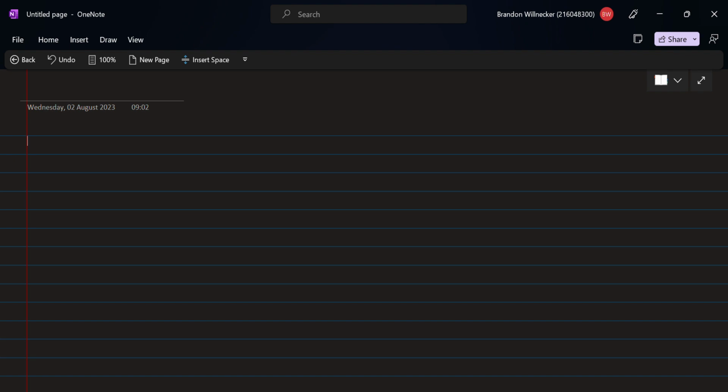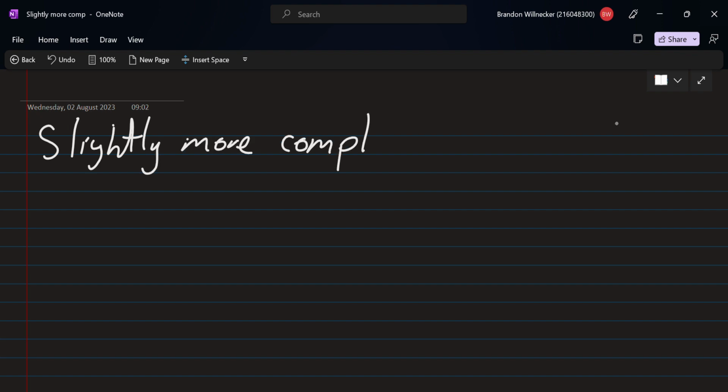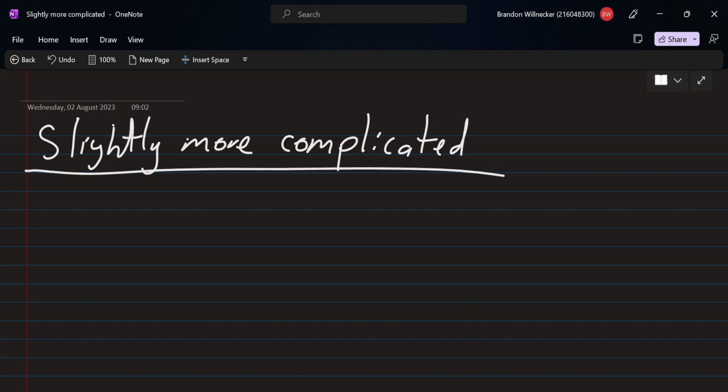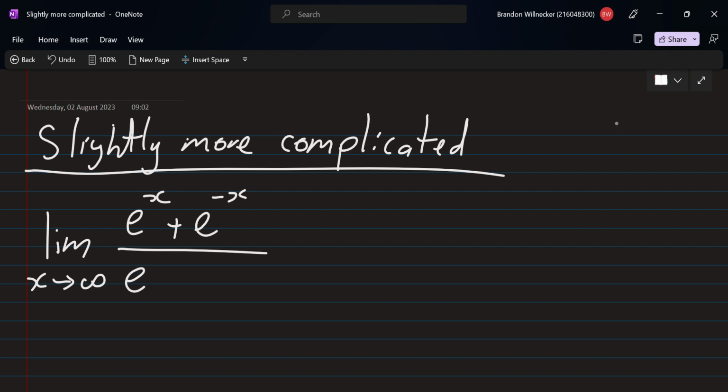Okay, so something that's slightly more complicated. Let's say we have the limit as x goes to infinity of e to the x plus e to the minus x over e to the x minus e to the minus x.